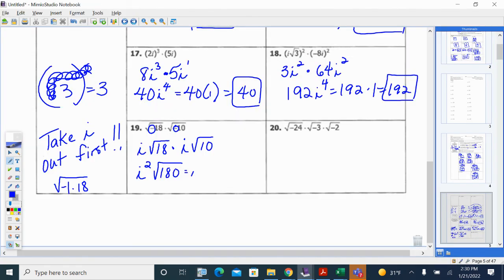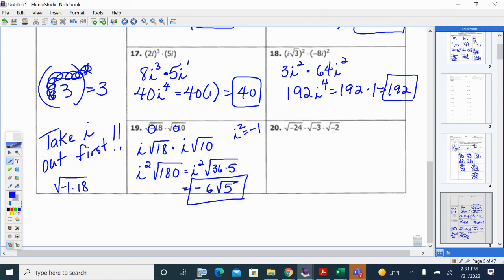So I've got i squared times the square root of 36 times 5. i squared is negative 1. And then the square root of 36 is 6. So negative 1 times 6 is negative 6 times the square root of 5.